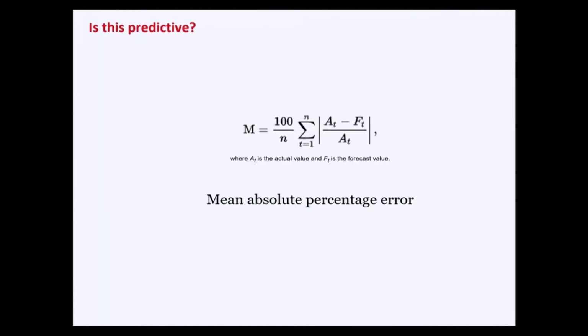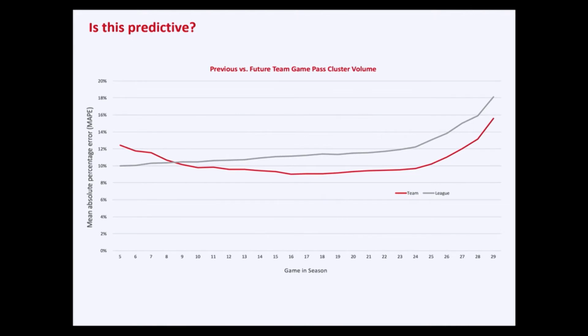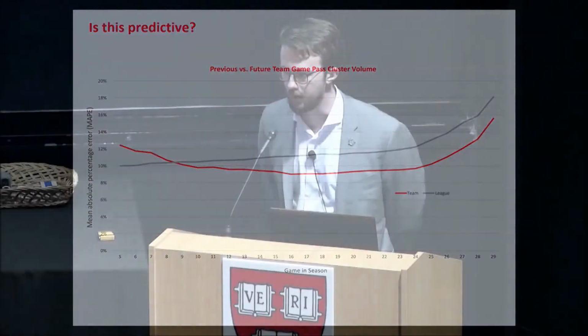This is just a very simple mean absolute percentage error, a very simple way to evaluate your predictions versus actual. And you do see some interesting stuff here. As we progress from game 5 to game 29, in a 30-game season, the predictiveness of a particular team's past pass frequency correlates much closer to the remainder of their season.